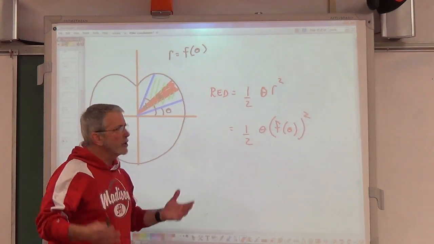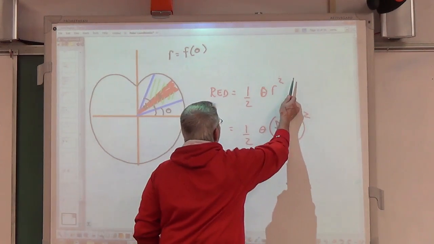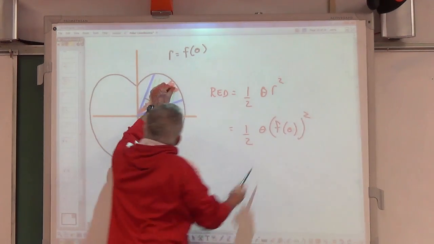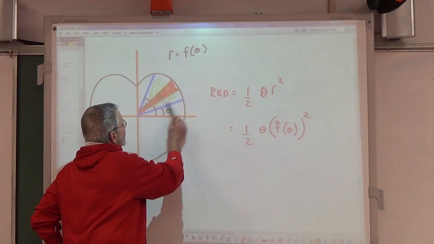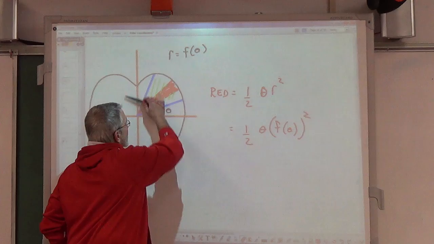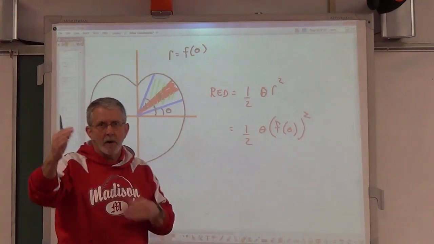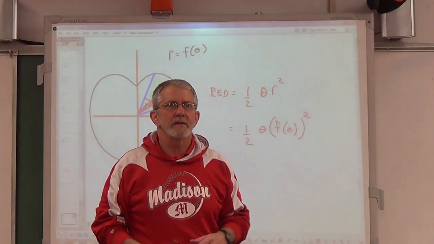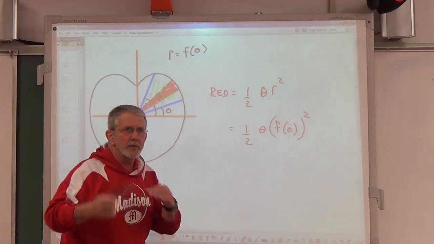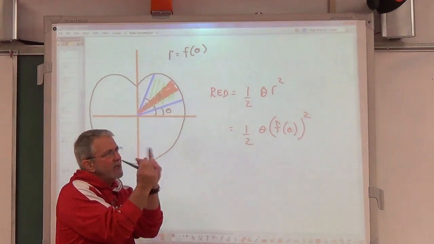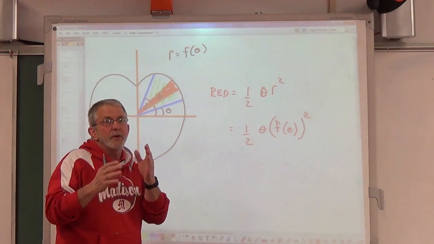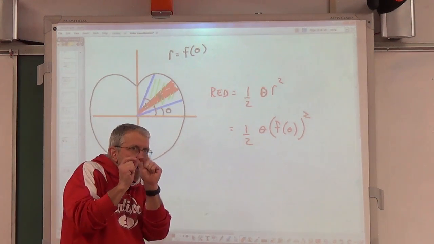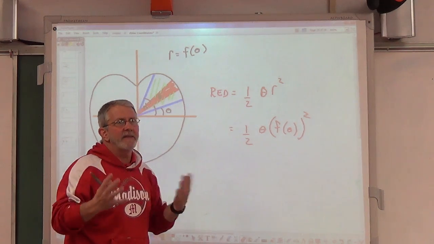The area of a sector of a circle, which is 1/2 theta r squared. So small, in fact, that these r's are the same. In a polar graph, your r's change; we saw that the r's are different. In a circle, the r's are all the same. But I'm going to take such a small increment that I'm going to assume, for a brief increment of theta, that the r's are the same.